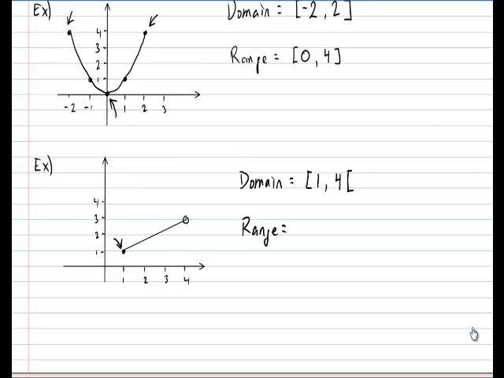As you can see, the lowest y value is 1. So the range starts at 1. And how high does it go? Well, the line is a continuous line. There's no gap in it. And it stops over here at the open point. There's no more y values beyond that. And the highest y value that it goes to is 3. And because it's an open point, the 3 is not included. Very interesting graph.